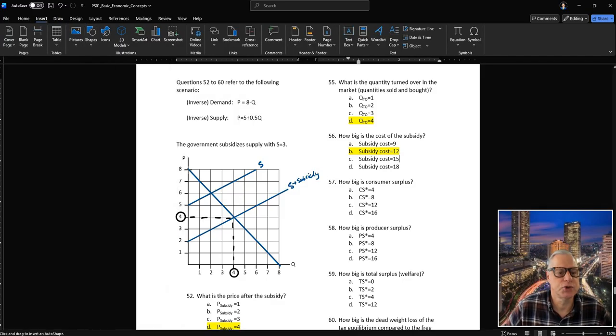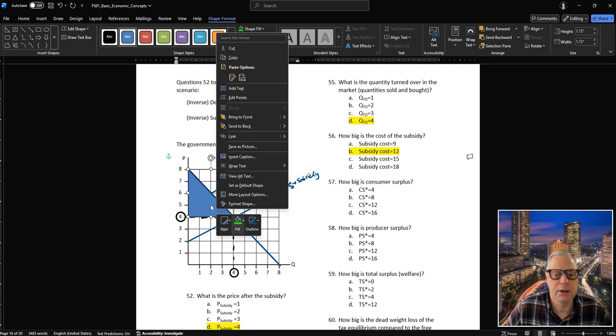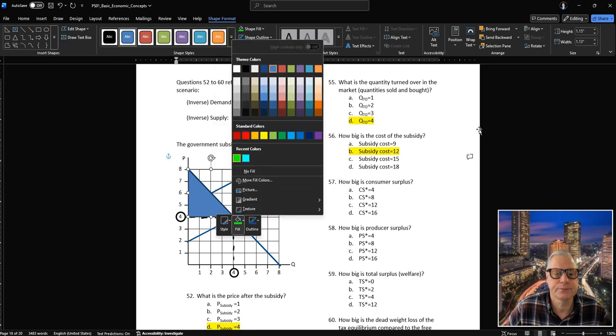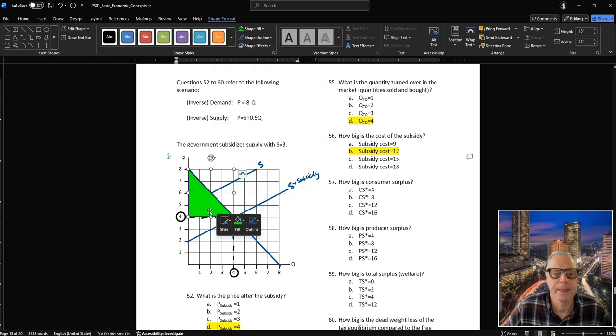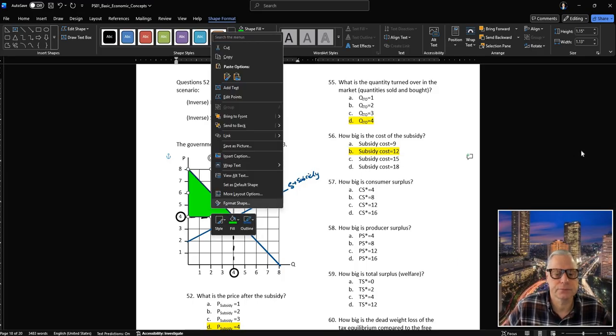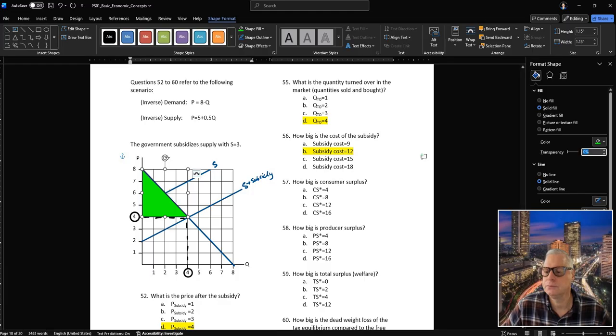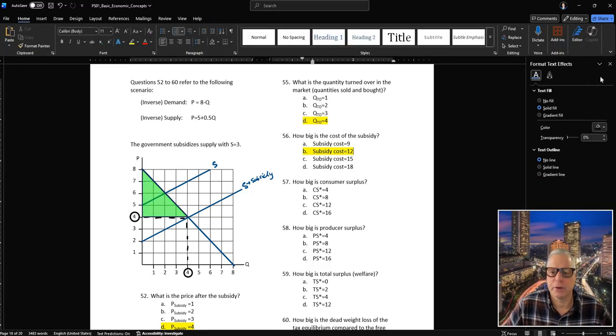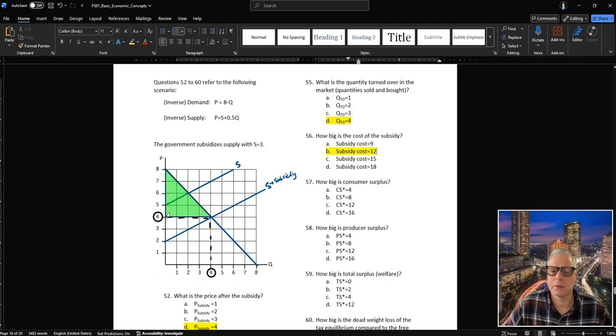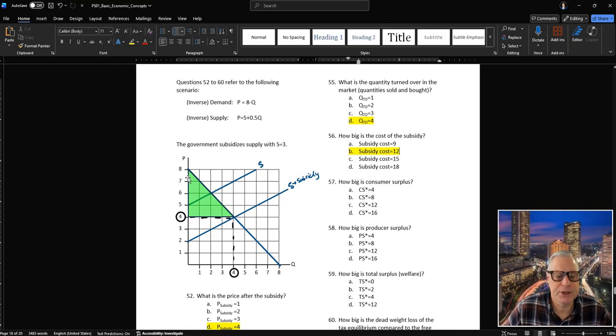So total consumer surplus is this triangle. Let's make that green again. Consumer surplus, base 4, height 4, 4 times 4, 16, 16 over 2, 8.